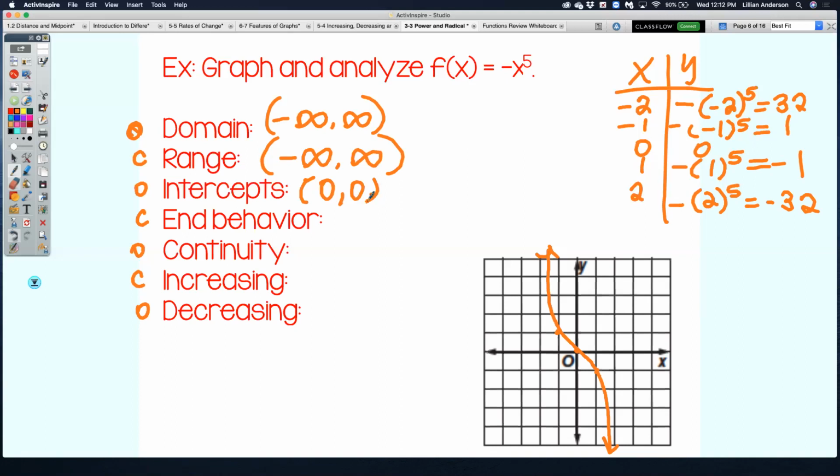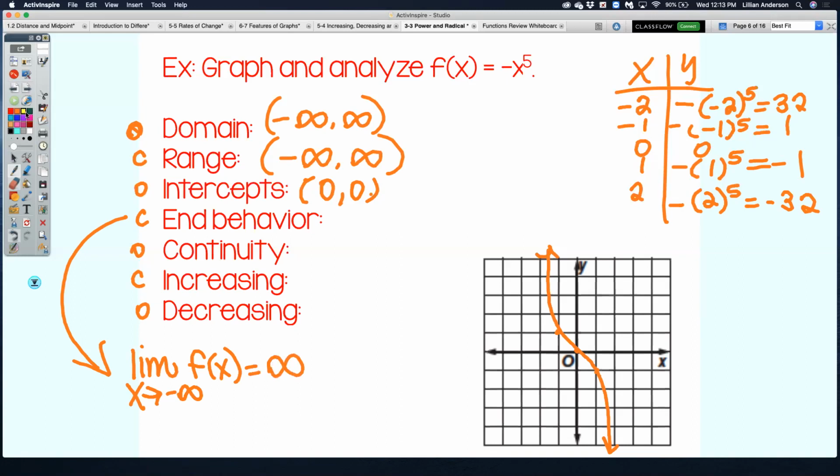Wonderful. End behavior, classroom, I'll help you out with the limit notation. The limit as x approaches -infinity of your function. So again, as x is going towards -infinity, what is happening to the y's? It's going to +infinity.